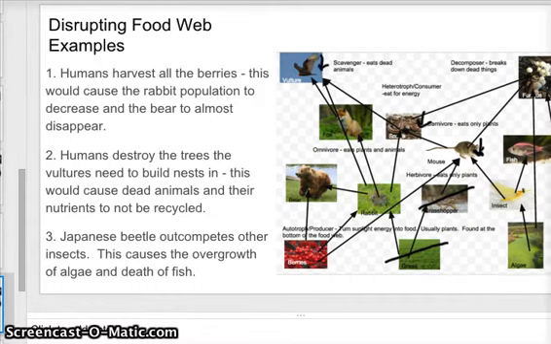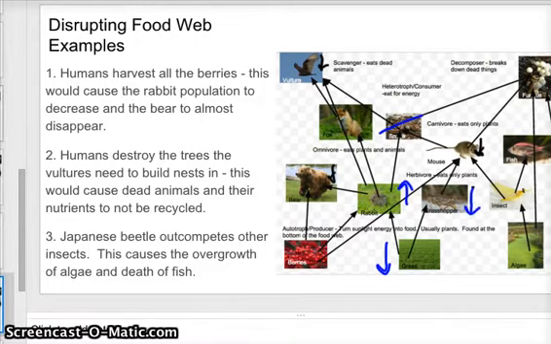The rabbit is also going to decrease, so it pretty much decreases everything. So we have to make sure we keep certain plants and animals in our ecosystems to keep other organisms alive. If we would kill off the snake, then rabbits could actually overpopulate and decrease the grass, and then the grasshoppers would go down. So you see how it's a cascade of things?